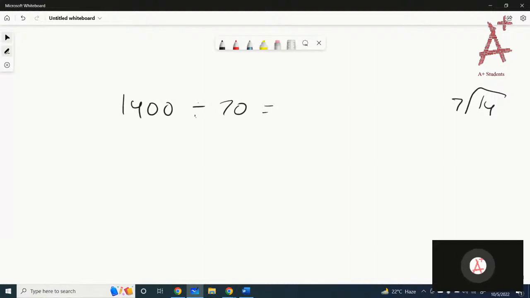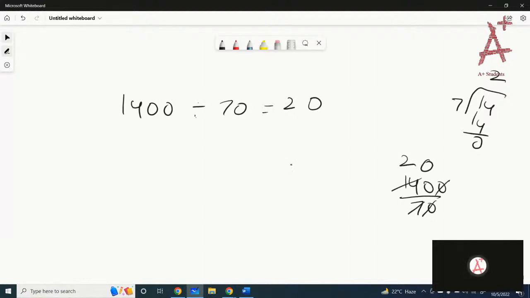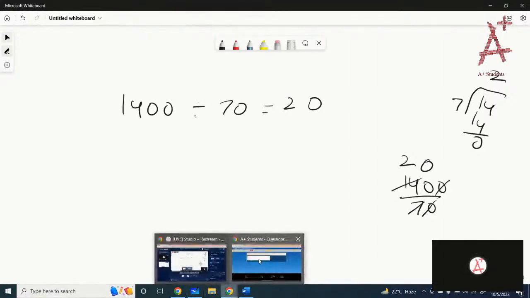So 7 times what number is 14? 7 times 2 is 14. The dividend has two zeros and the divisor has one. One zero cancels out with the one, so you are left with just one zero. You are left with 2 and 0, so it would be 20. Got it? So the correct option is 20.